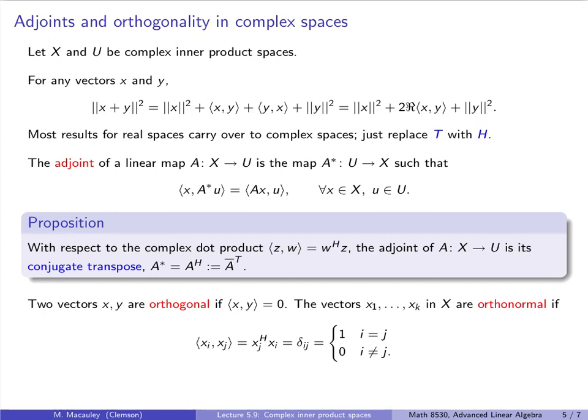In other words, the inner product of xi and xj is the Kronecker delta, that is 1 if i and j are the same, and 0 if they are different. The only difference here is that if the vectors x and y have complex entries, you just have to be careful that when you take the inner product, you take the conjugate transpose.